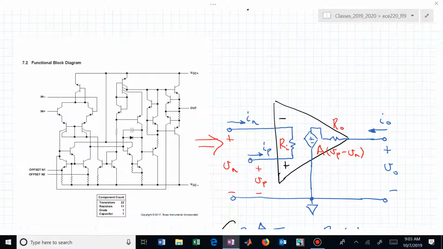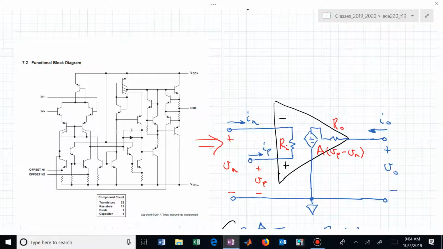Now instead of analyzing this 22 transistor, 11 resistor, 1 diode, and 1 capacitor circuit with each circuit that we build around an op amp, we can replace that complicated circuit with a more reasonable model that involves a dependent voltage source.